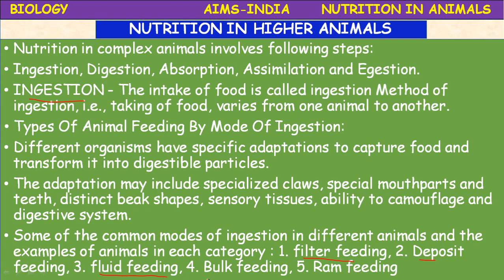Examples of this category include mosquitoes, aphids, leeches, bees, and hummingbirds. Hummingbirds and bees are nectarivores. Leeches and mosquitoes feed on blood, and sap suckers, for example aphids. Next type of feeding, bulk feeding.